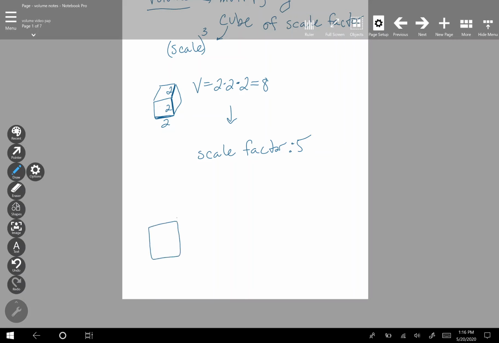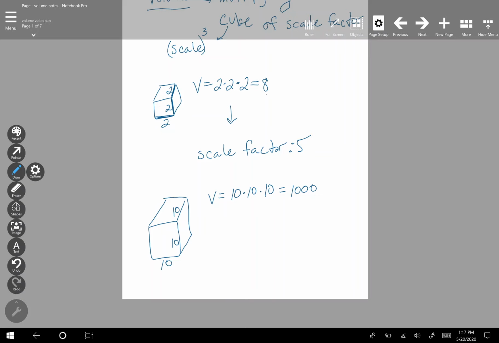So now my cube, instead of being 2 by 2 by 2, well, 2 times 5 is 10, 2 times 5 is 10, 2 times 5 is 10. So all of my sides got multiplied by 5. So now my volume is 10 by 10 by 10, which is 1,000.